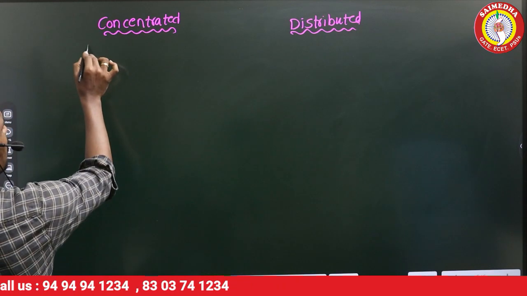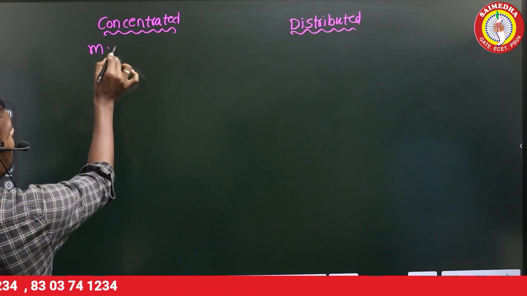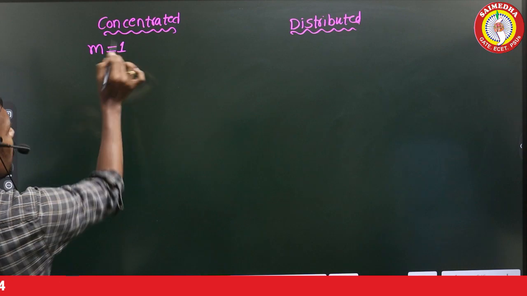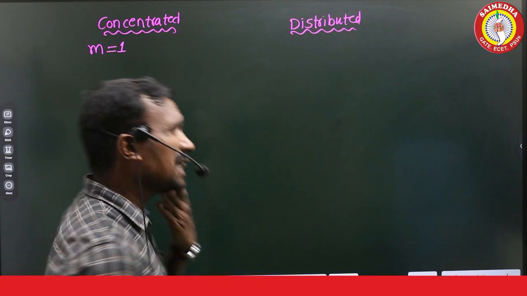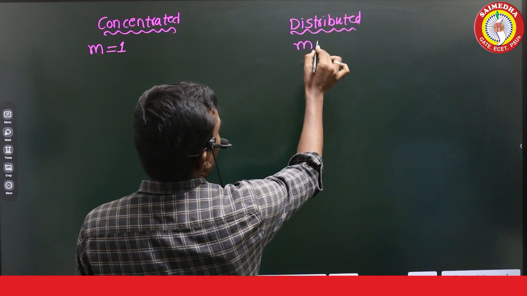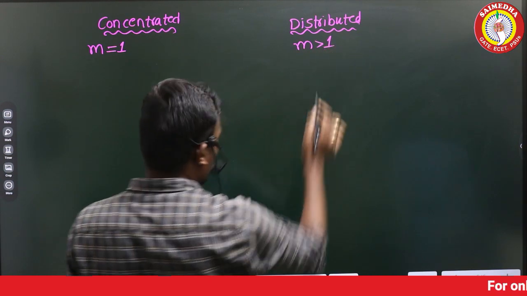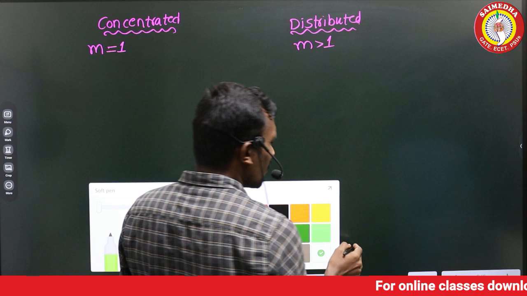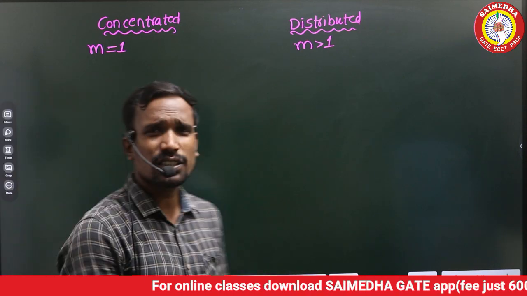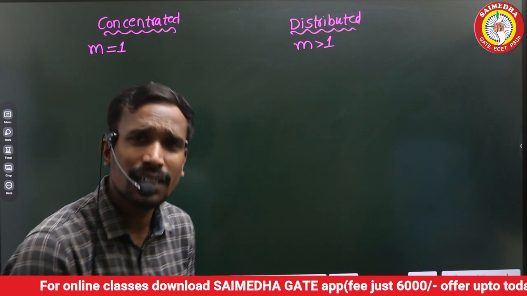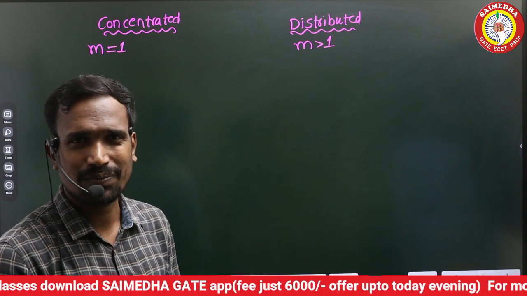The winding in which the phase belt is equal to 1 is called concentrated winding. The winding in which the phase belt is greater than 1 is called distributed winding. This is simply the definition of concentrated winding and distributed winding.